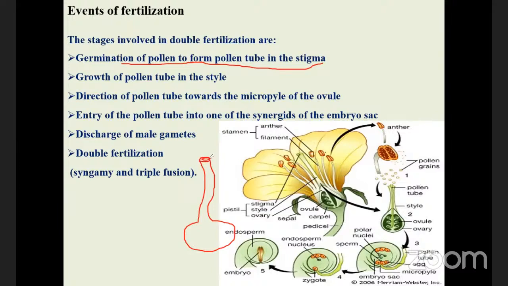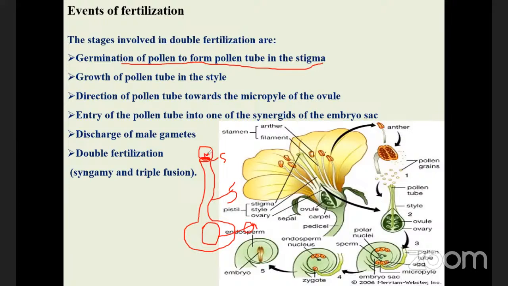You see, there is a gynoecium, the ovary, in which ovules are present, and the style and stigma. Whenever the pollen falls on the stigma, that is called pollination. Reaching the stigma is pollination. That is the first, premier step in fertilization.